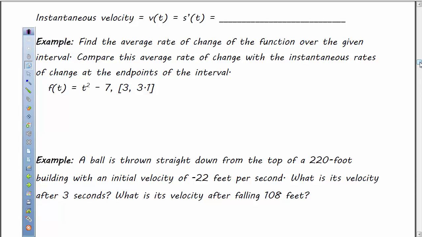It says find the average rate of change of the function over the given interval, and then compare this average rate of change with the instantaneous rates of change at the endpoints of the interval.